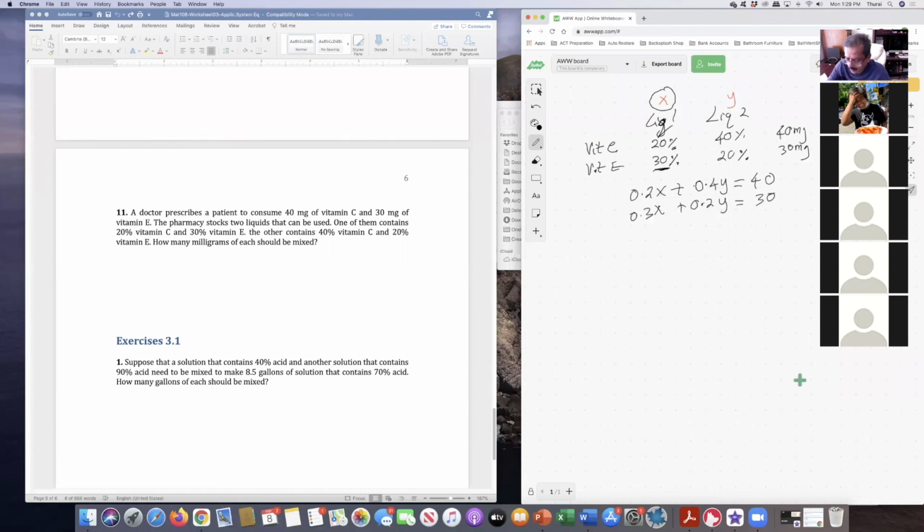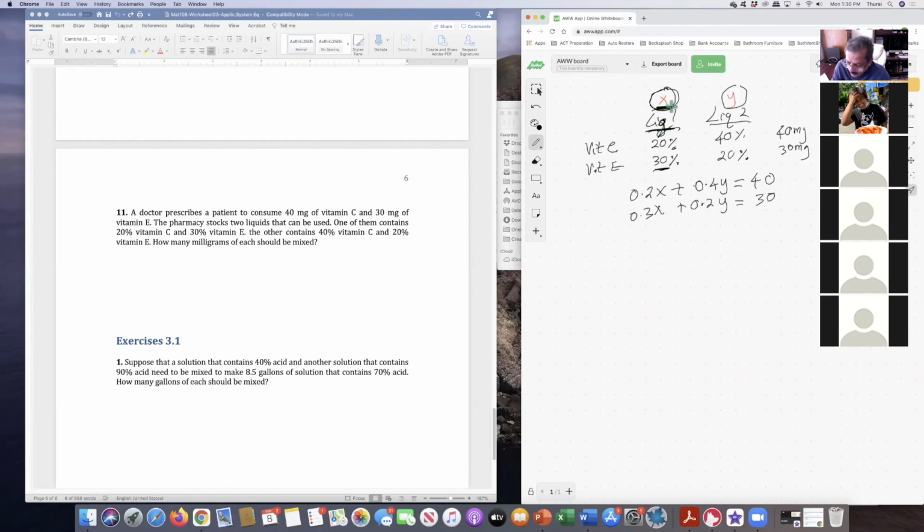Okay, let me explain that again. X is the milligrams of liquid 1 consumed. Y is the milligrams of liquid 2 consumed by this patient. The total vitamin C coming from both liquids has to be equal to 40 milligrams. So I'm calculating the amount of vitamin C that this patient will be getting from liquid 1.